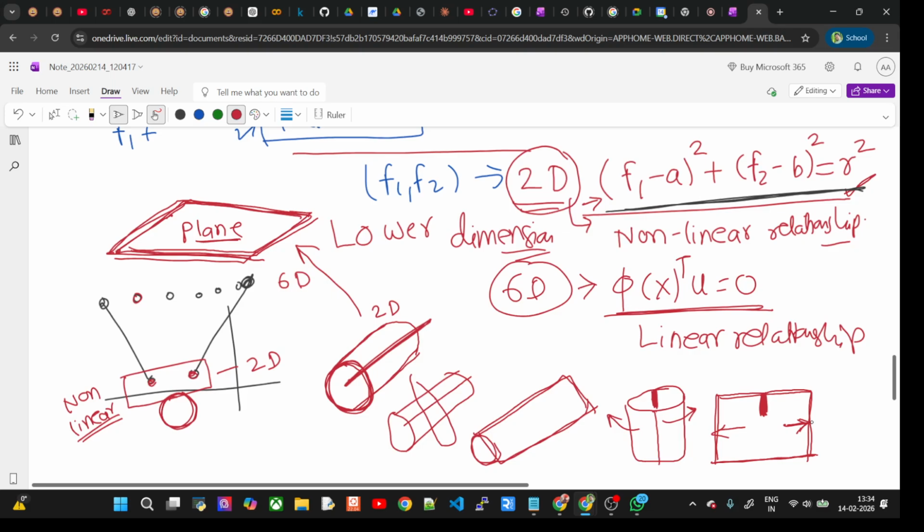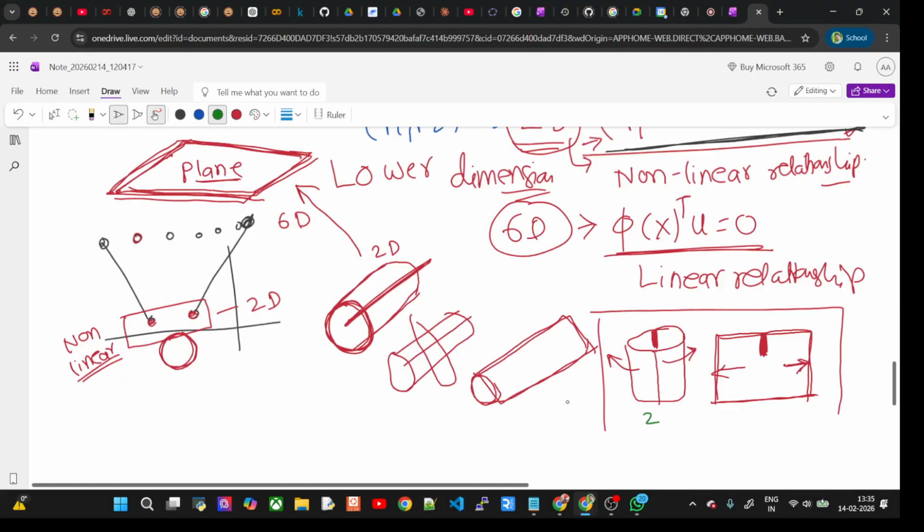Okay. So what I want to say here is, whatever the things in two dimensions, this is just an example for you to visualize. So in two dimensions, these things were like a sphere or like a circle. Once it is in two dimensions, it is non-linear.